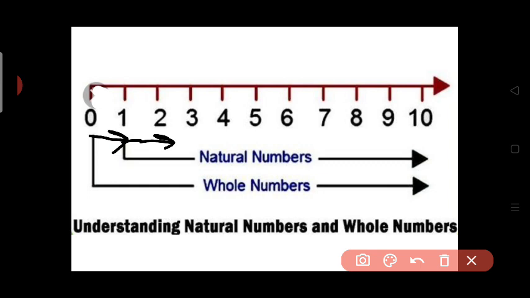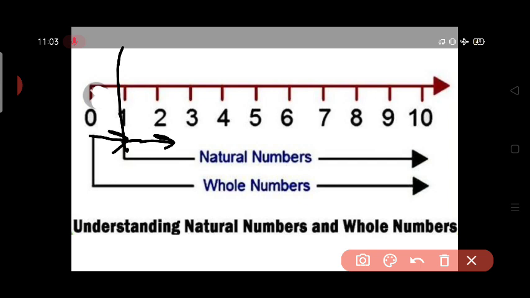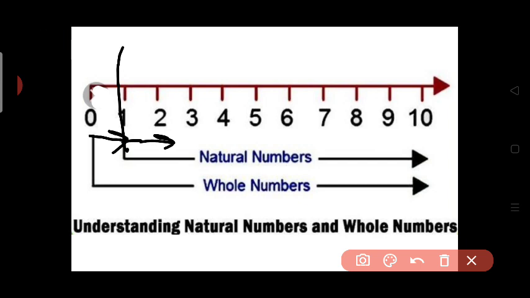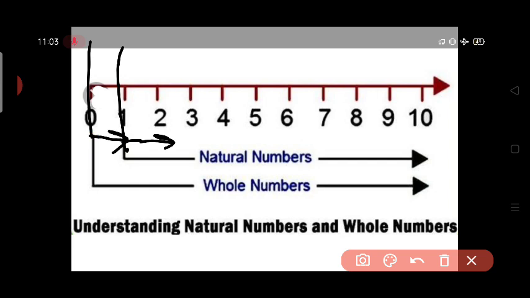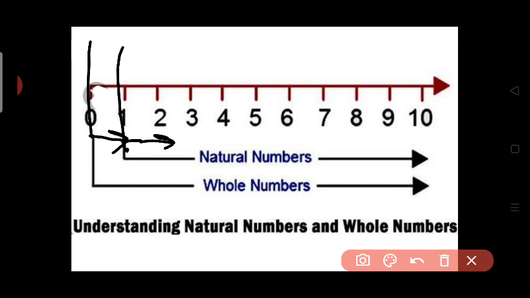Because natural numbers start from 1, that means 1 is the smallest natural number, and whole numbers start from 0, that means 0 is the smallest whole number. There is no largest natural number. Similarly, there is no largest whole number. 0 is not a natural number, but 0 is a whole number.